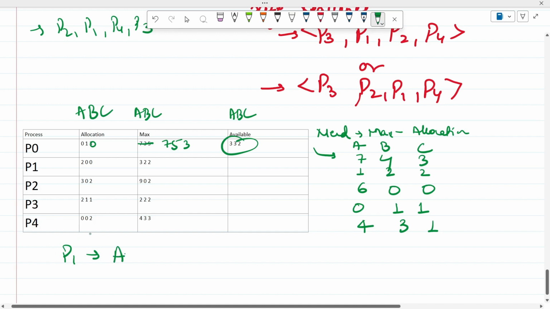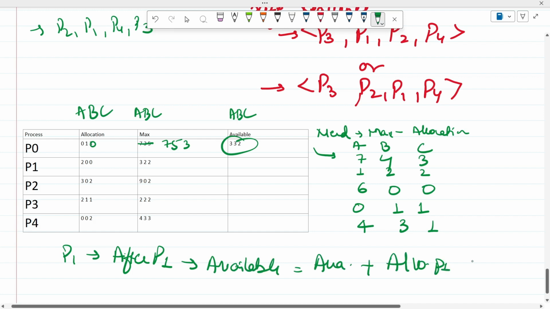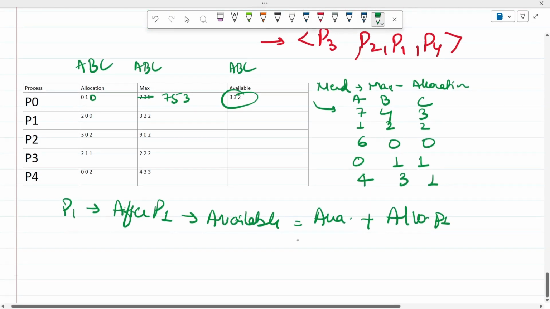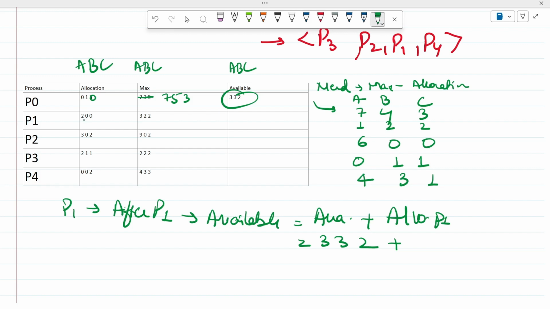Now P1 starts executing. You provide the resources and P1 starts executing. After P1, what is the available resource? How to calculate it? Available plus the allocation of P1. So available we have is 332. The allocation of P1 is 200.